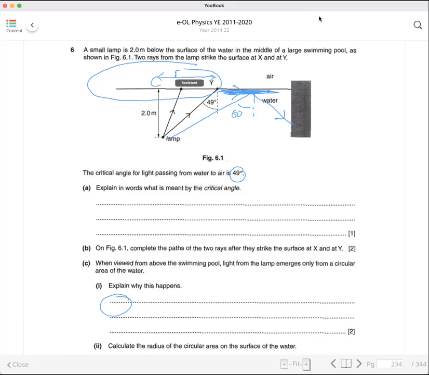You know your depth is 2 meter. You know this angle is 49. So if this is 2.0 meter, can you find this radius? This is pure mathematics.